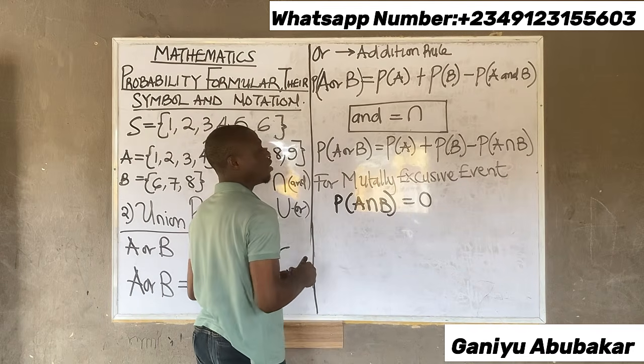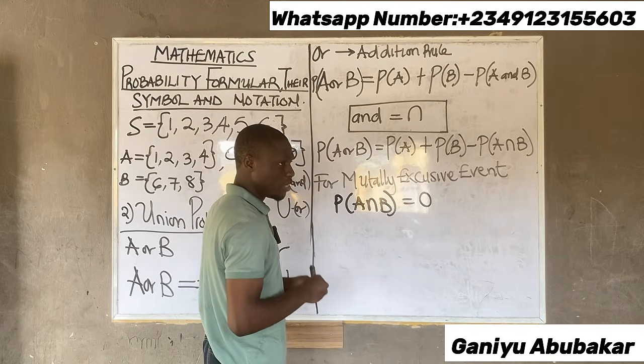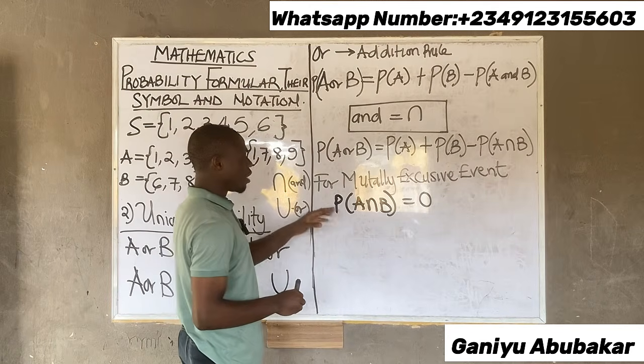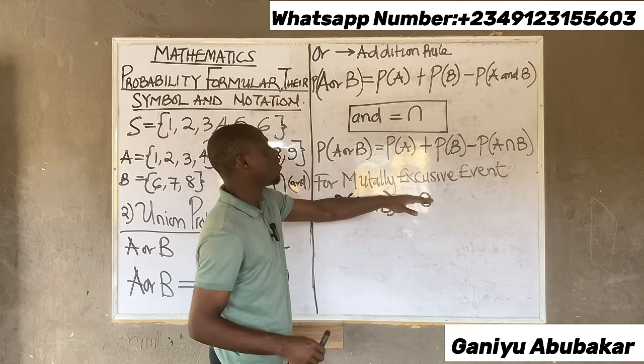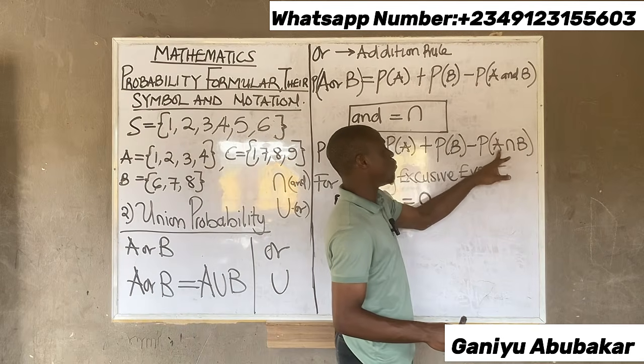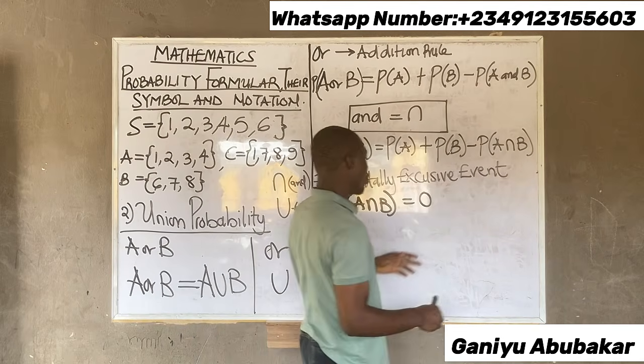I've explained what we mean by this recently. Whenever you find the intersection of A and B and it's zero, that becomes a mutually exclusive event.